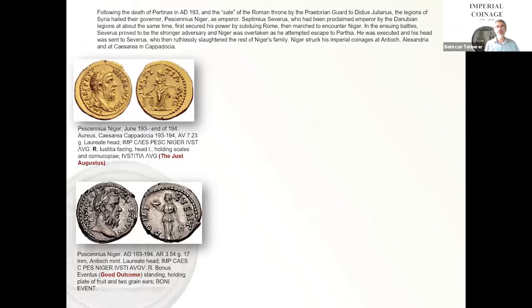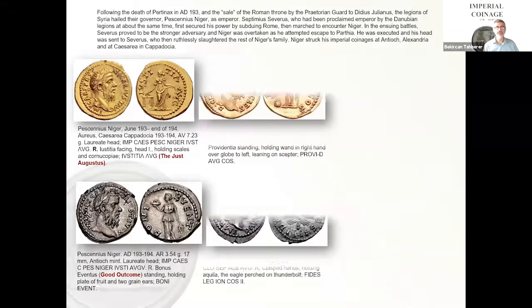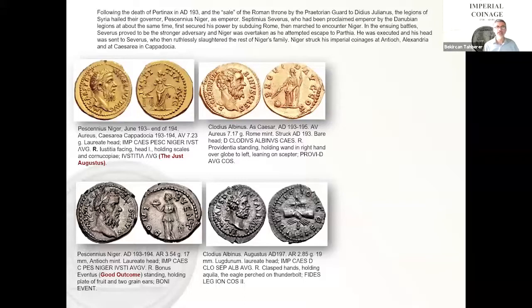So the struggle begins. The coinage of Pescennius is rare in that it was not minted at Rome. It was minted in the east, predominantly in Antioch, Caesarea in Cappadocia, and Alexandria, in two metals mostly.